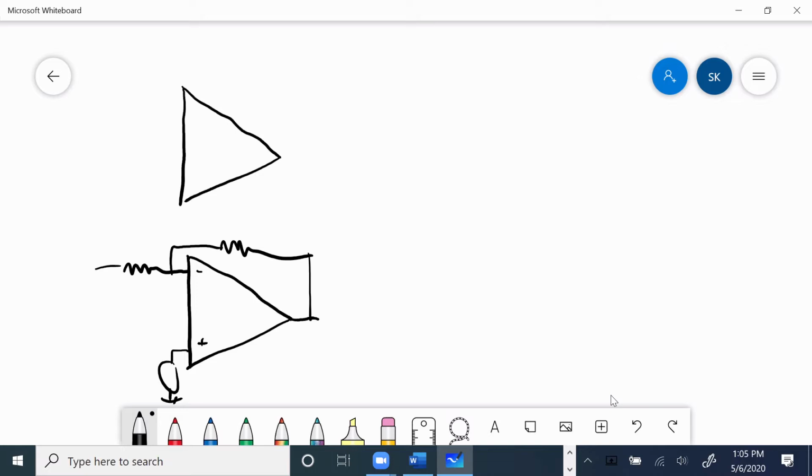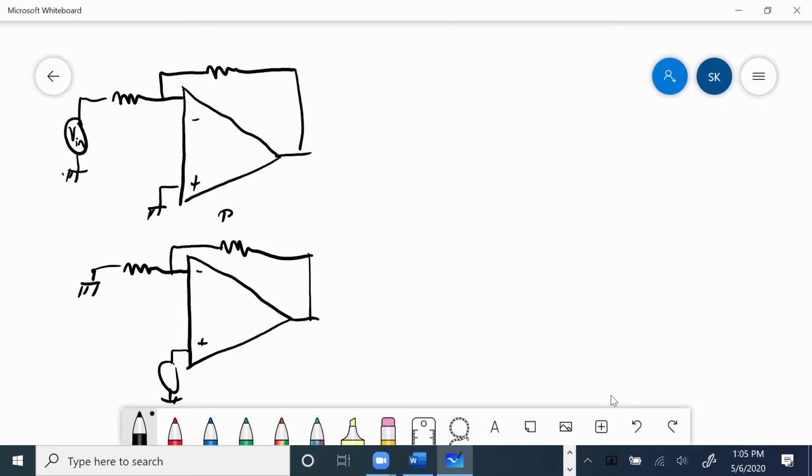And this is R2, R1. As you can see, since this terminal is grounded, that terminal is virtually grounded.